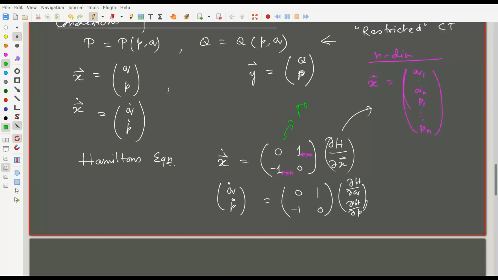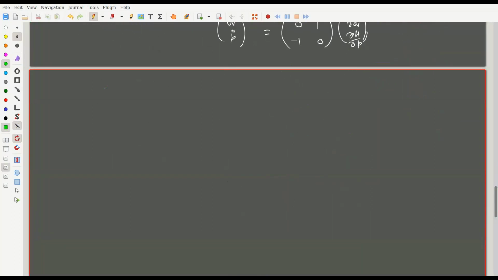So my Hamilton's equation becomes x dot equals gamma times del h del x. Okay, so this is my Hamilton's equation.